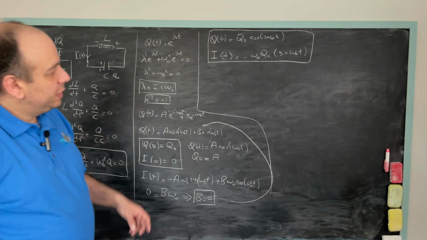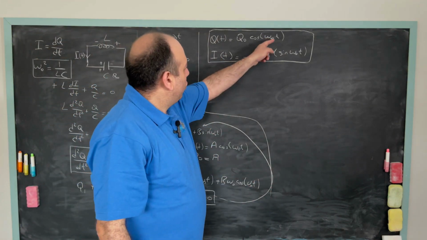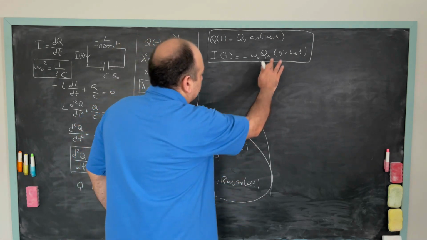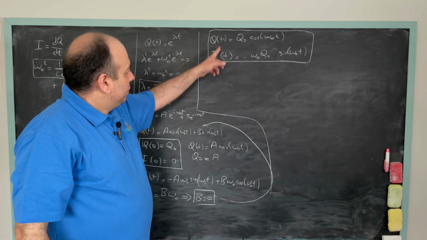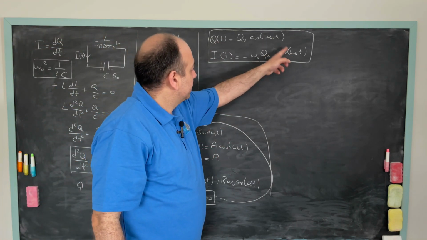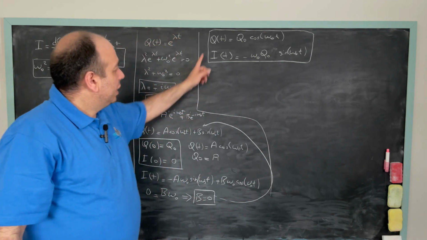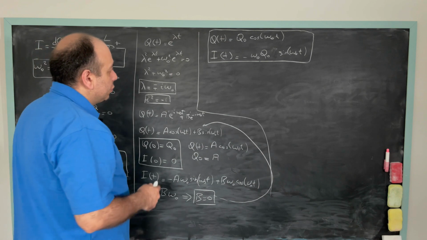So what we see here is they actually oscillate with this omega naught frequency. Sorry, by the way, this is omega naught t here. So these two quantities oscillate with the frequency omega naught. And one is a cosine function, the other one is a sine function. Okay? That makes sense.